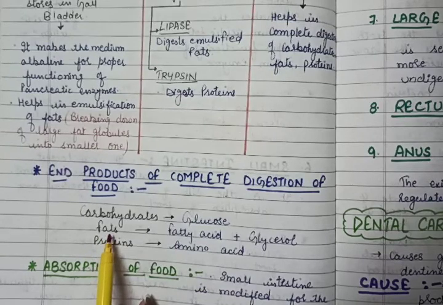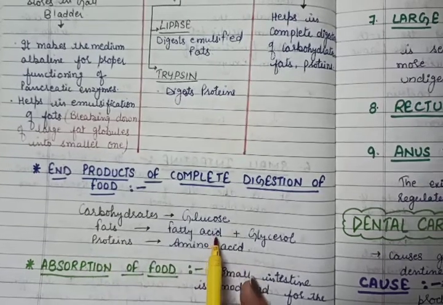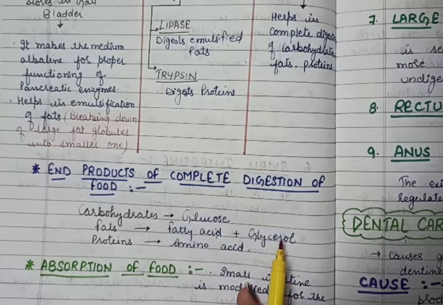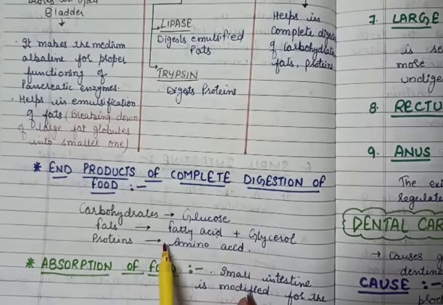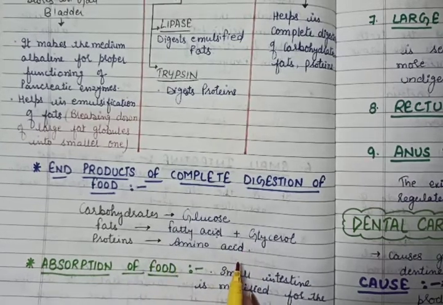Fats finally get converted into fatty acids and glycerol. You have to learn it in this way only. Proteins get converted into their simpler form, called amino acids.